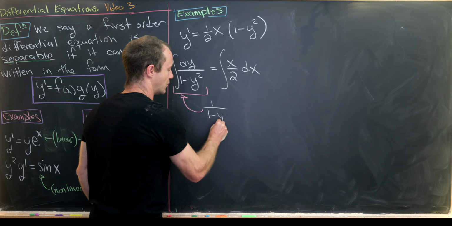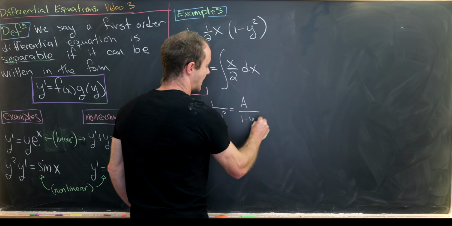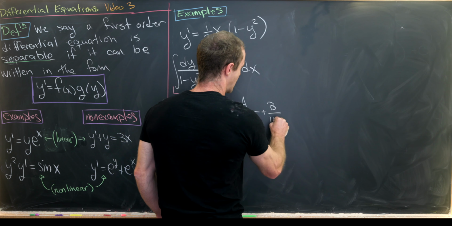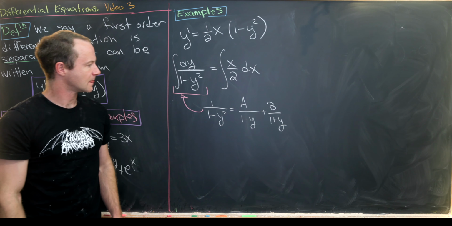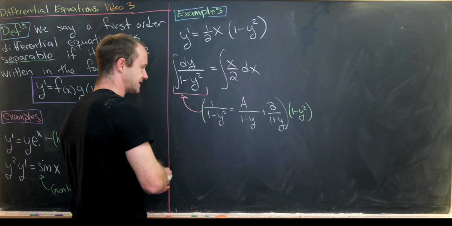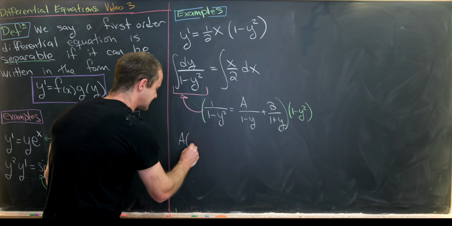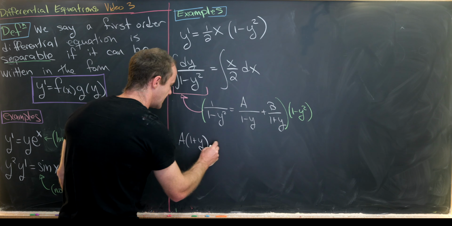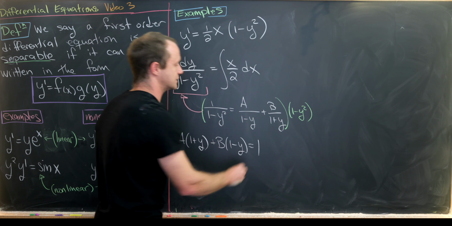We have 1 over (1 minus y squared) must be equal to a over (1 minus y) plus b over (1 plus y). Okay, so let's see, if we multiply this whole thing by 1 minus y squared to clear the denominators, that's going to give us the following equation. So we have a times (1 plus y), and then plus b times (1 minus y) equals 1.